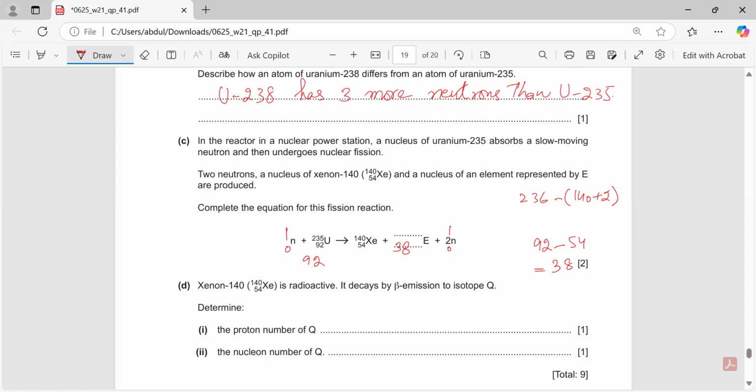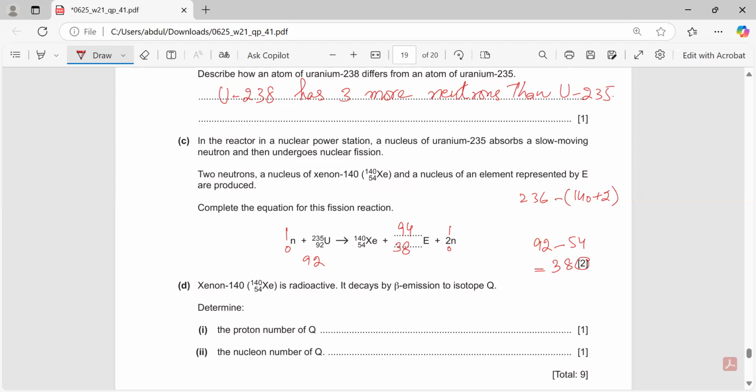So 236 minus 142, 94. And in this way, you have scored 2 marks. So 236 before the fission equals 236 nucleons even after the fission process.